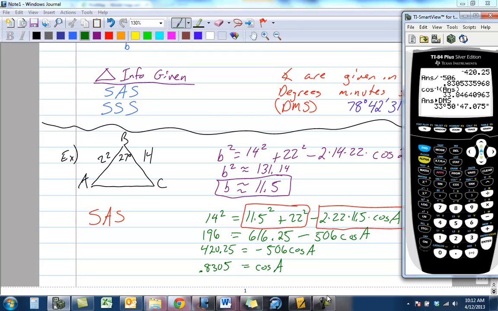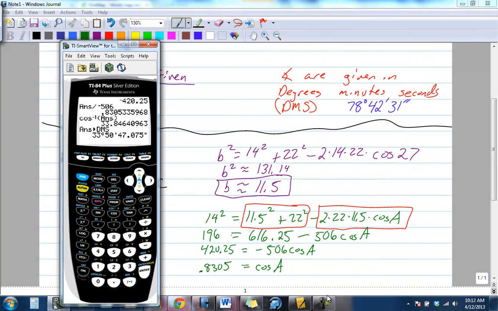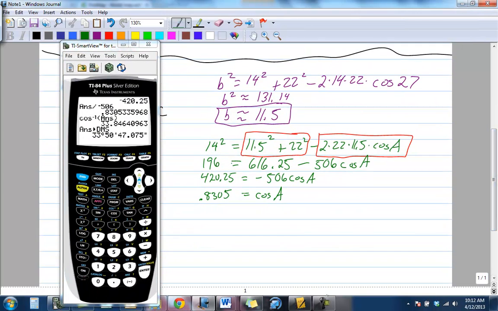Now we are going to round to the nearest minute. Since we're rounding to the nearest minute, angle A is 33 degrees and 51 minutes. Now, why did I get 51 minutes? This is only 47 seconds.